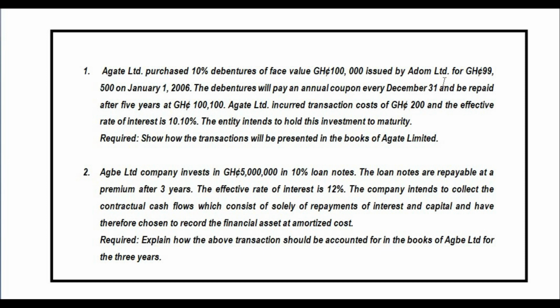The debenture will pay an annual coupon every December 31st and be repaid after 5 years at 100,100 Ghana cedis. Agate Limited incurred transaction cost of 200 cedis and the effective interest rate is 10.10%. The entity intends to hold these investments to maturity. Required: show how the transaction will be presented in the books of Agate Limited.